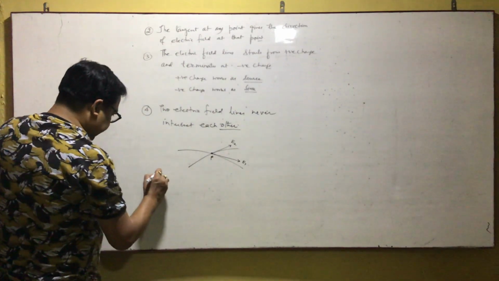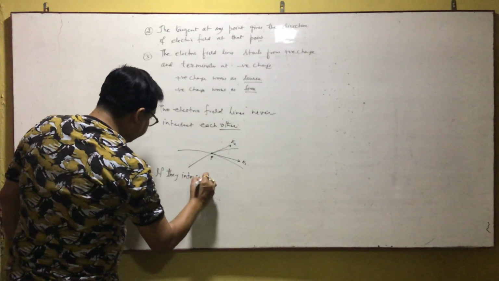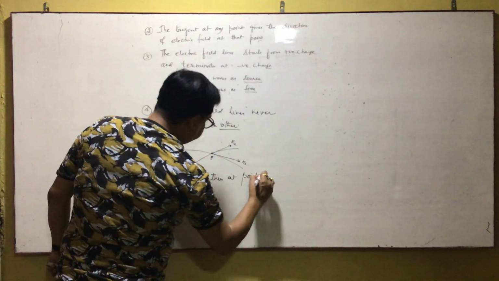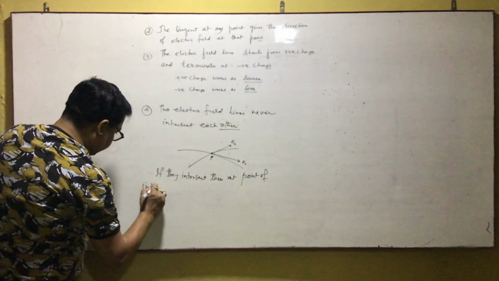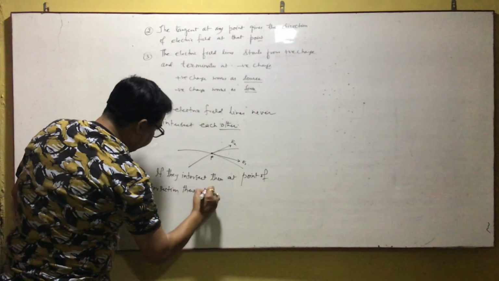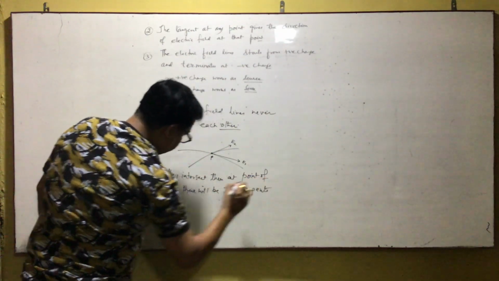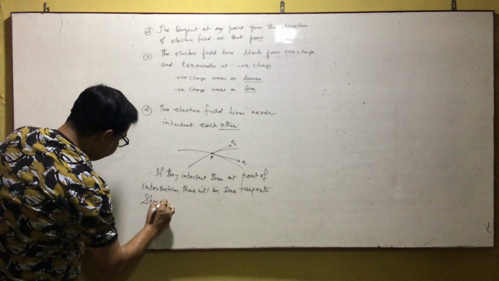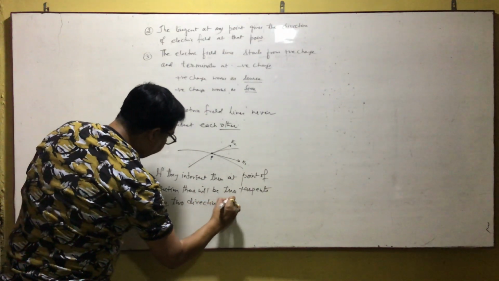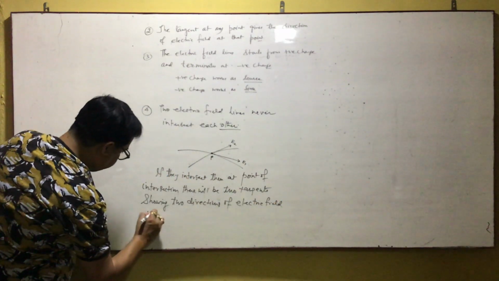So if they intersect, then at point of intersection, there will be two tangents showing two directions of electric field, which is not possible.